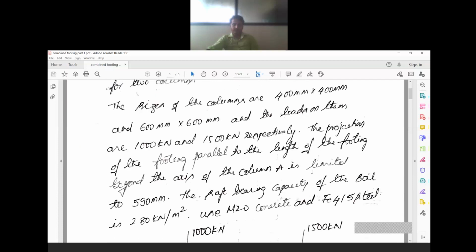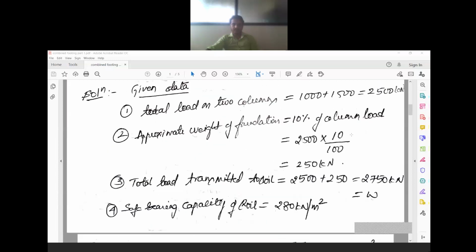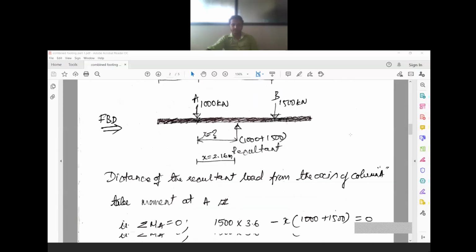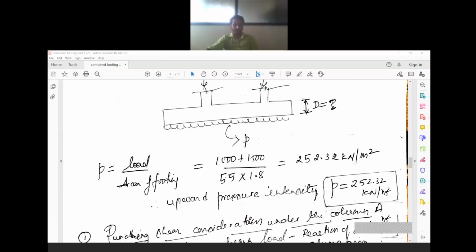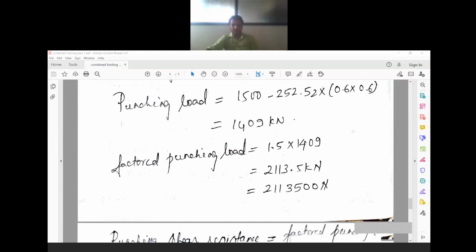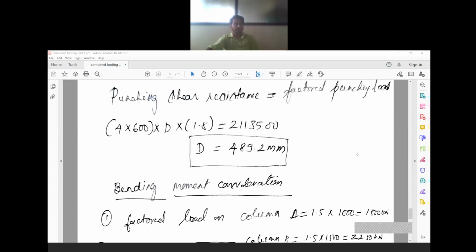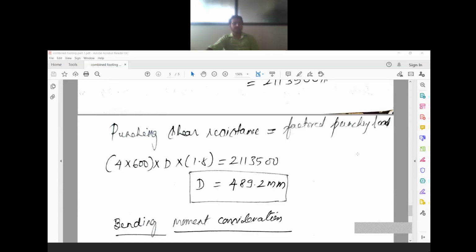Until this point, if you have any doubts, clear them now itself, because tomorrow I will be continuing this. Tomorrow we shall do the bending moment diagram. From the bending moment diagram, we will calculate the maximum bending moment. From that maximum bending moment, we will calculate the depth of the foundation. Whichever value is greater, we shall consider that as the depth of foundation. Okay?